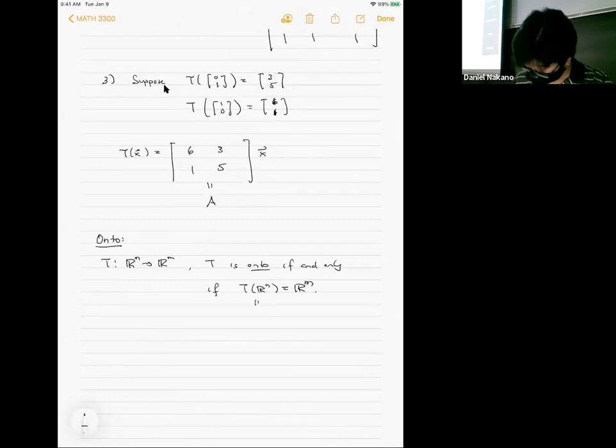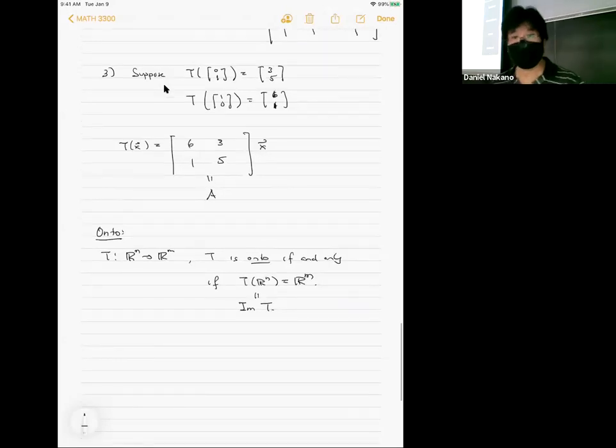Okay, so remember this is the image of T. So every vector in Rm gets hit by something under T.